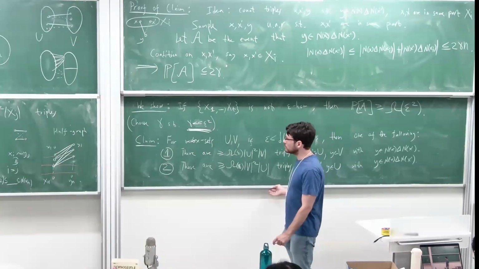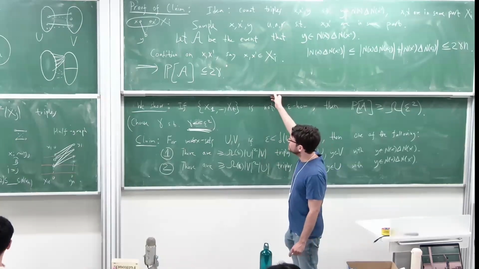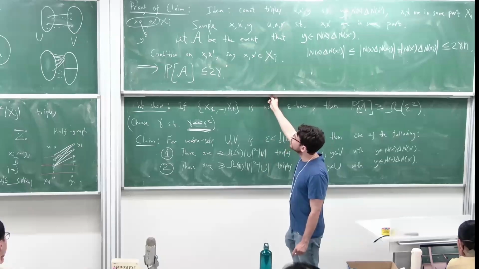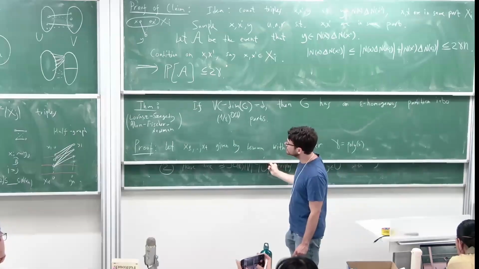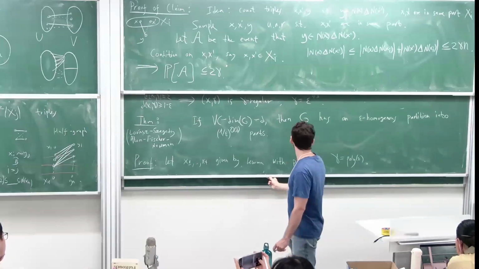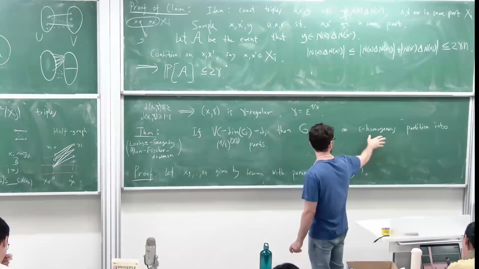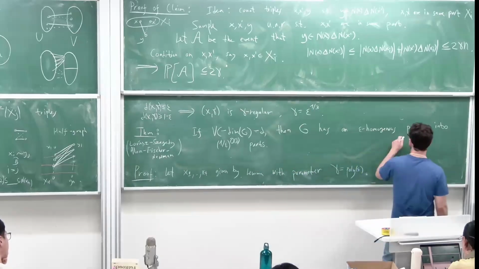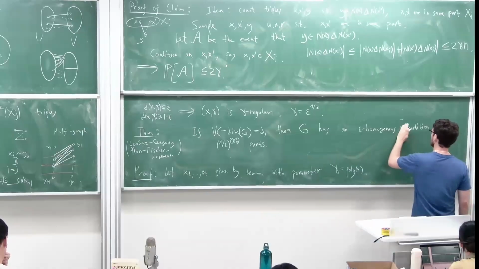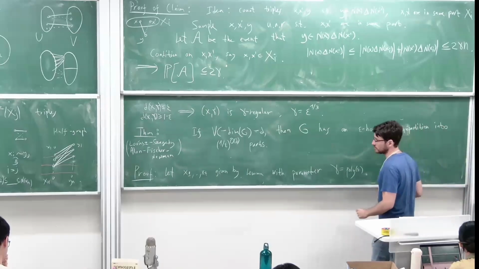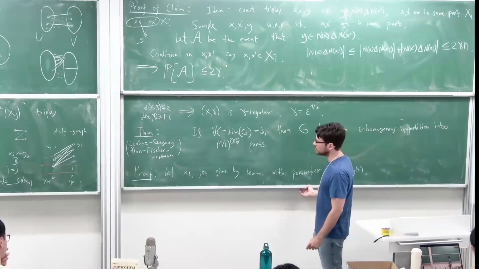Okay, so there is one small thing I'm hiding, and this is that in the statement that we're proving, we want an equipartition. I didn't say it, but I can say it. We want an equipartition which is epsilon homogeneous, and at the moment it's not an equipartition.